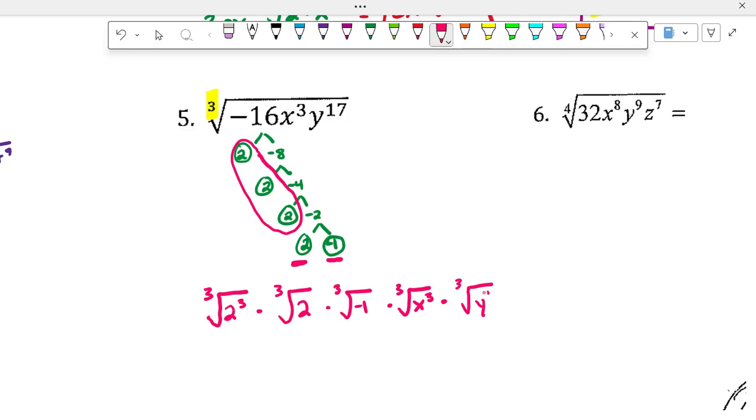That means it's y raised to the what power? Guys, what's 5 times 3? 15. That's how you think about it. If you can get 5 groups of 3, how many y's is that? 15. Times, how many do I have left over if I take 15 out? 2.